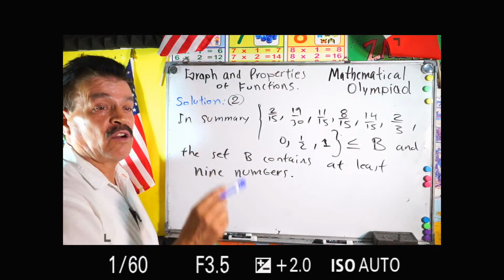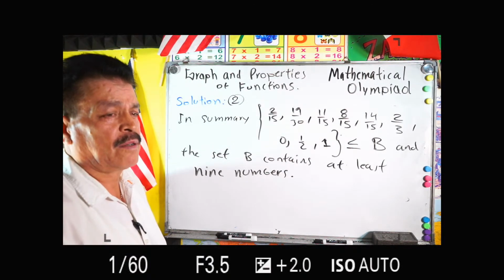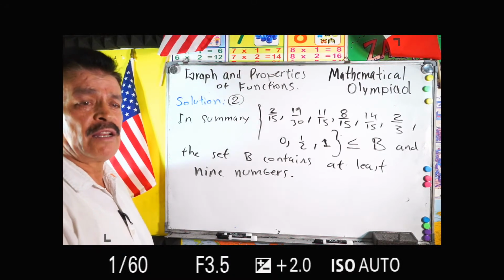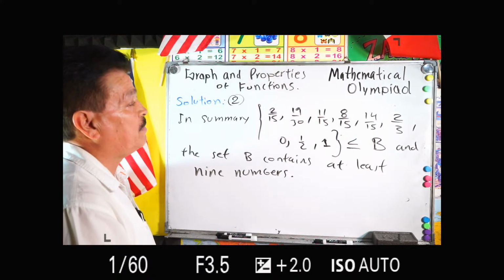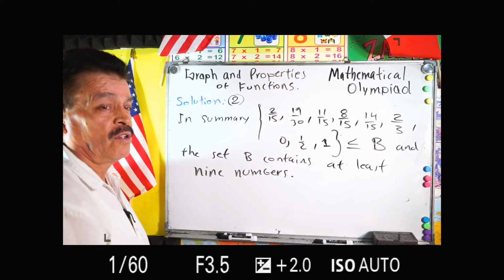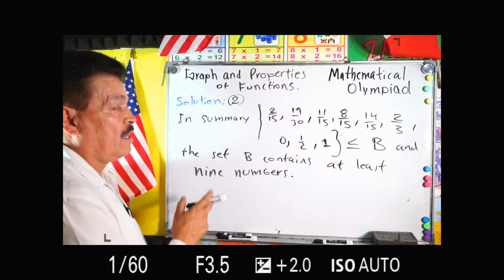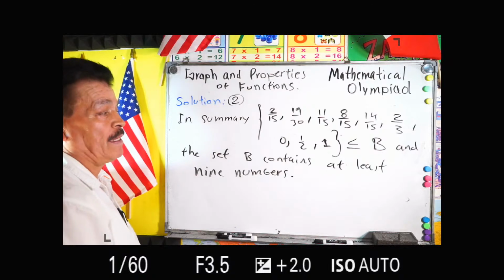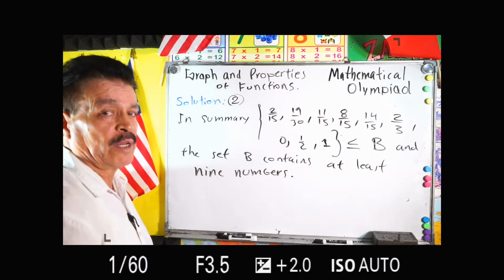At least 9 numbers, right? In our problem in the function, we have to find the value of f 2004, the question of 215, right? And then also in the second question, the answer must have at least 9 elements. So here we have 9 elements. So it was the second question, all right?